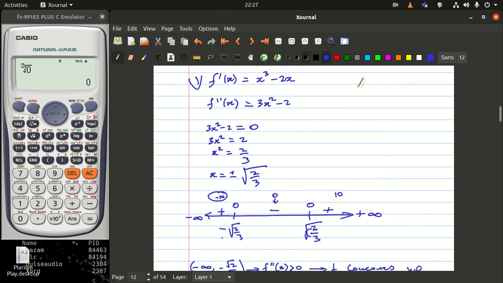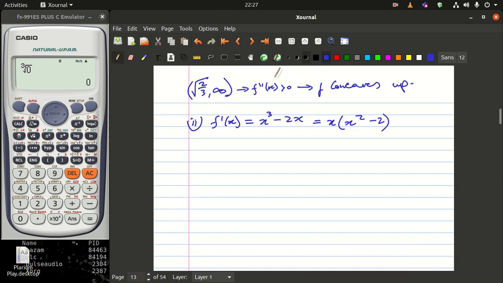Let me double check here. So the first derivative was actually this one here. Once you have the first derivative, to find the critical points, you want to set the first derivative equal to 0. So I have x and I have x squared minus 2, and I want this to be equal to 0.